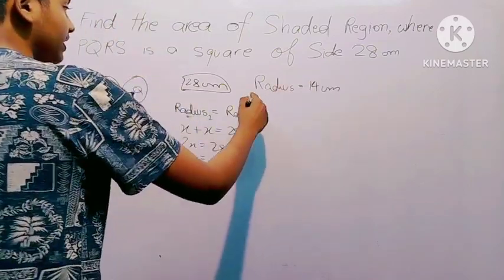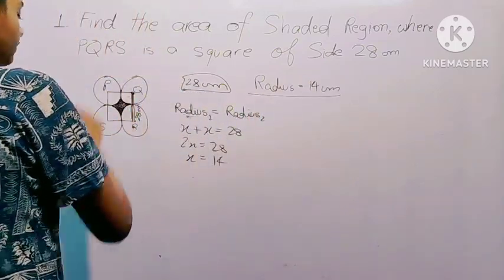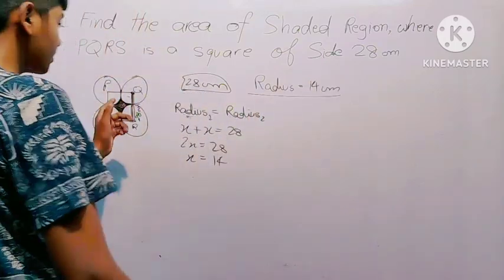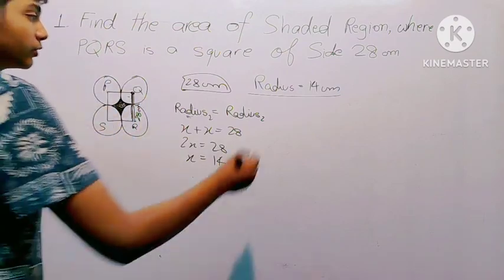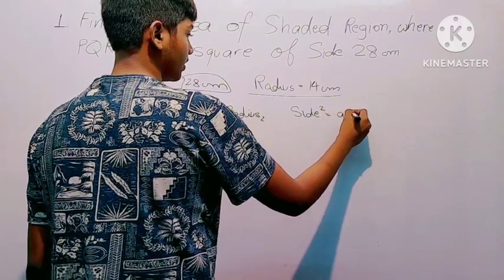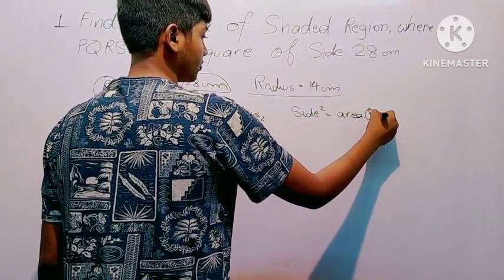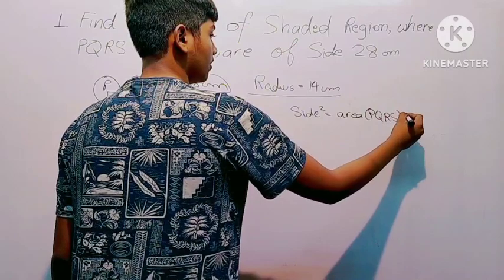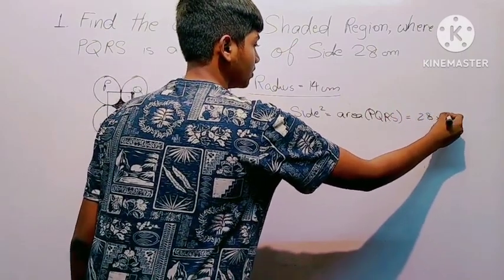Now our next step is finding the area of the square. What is the area of a square? It's the square of the side. So side squared is equal to the area of the square, area of PQRS, which is equal to 28 into 28.